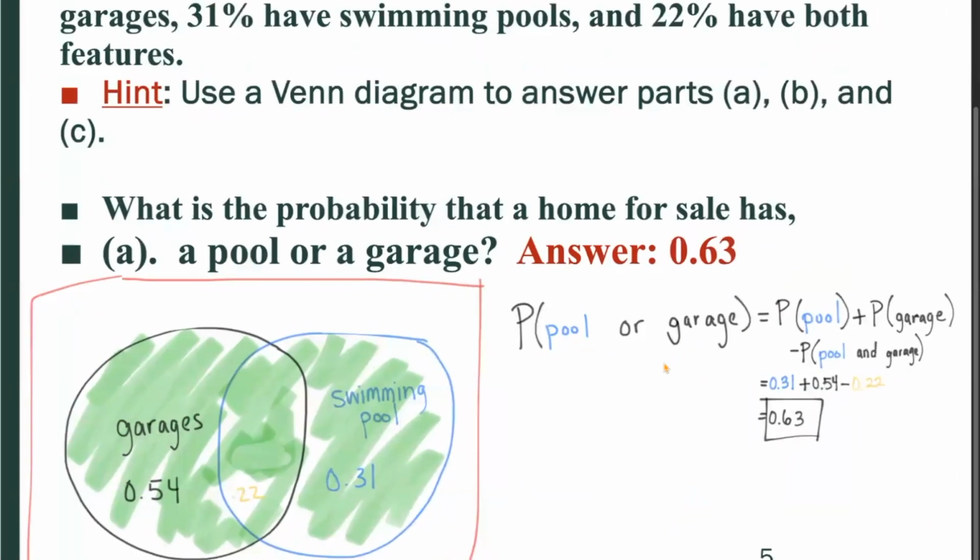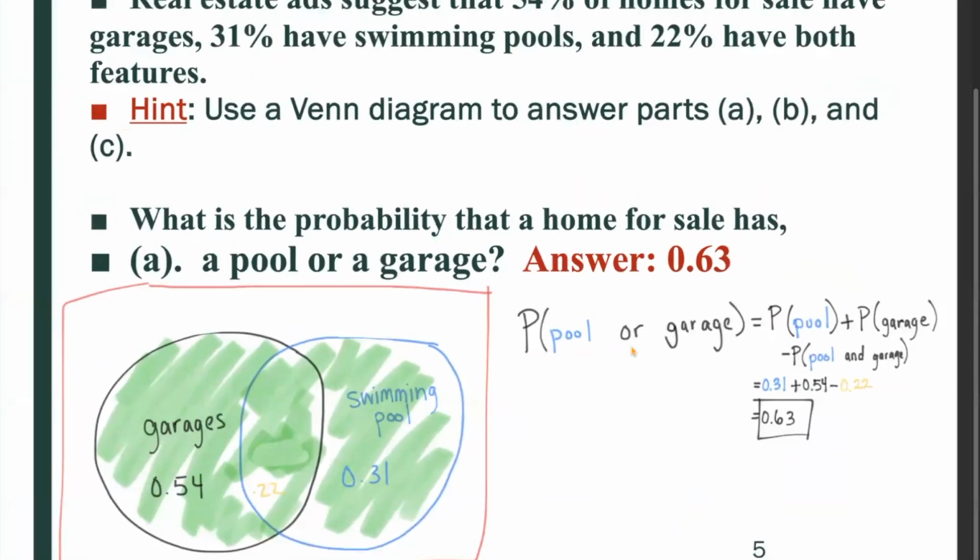So here the probability of having a pool or garage equals the probability of a pool plus the probability of a garage minus the intersection of having a pool and a garage.